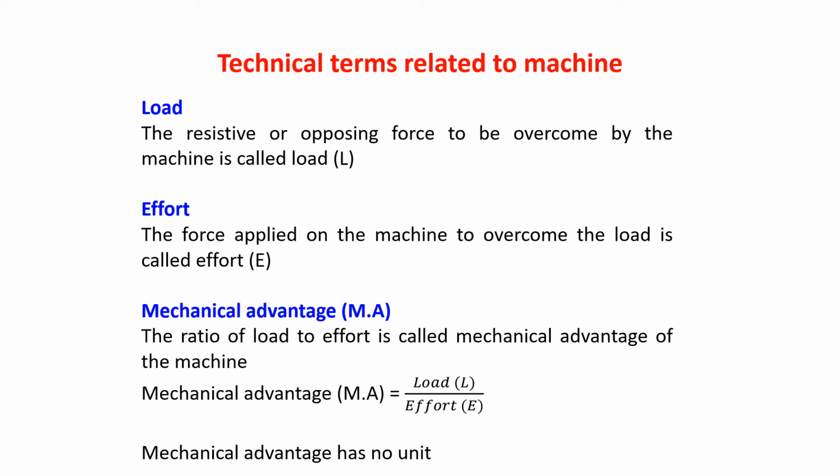That means the effort is given by the machine, and the load is what the machine is acting against. So the load is also giving a resistive force. In a way you can say load is also a force. It is the resistive or opposing force to be overcome by the machine that is called load.